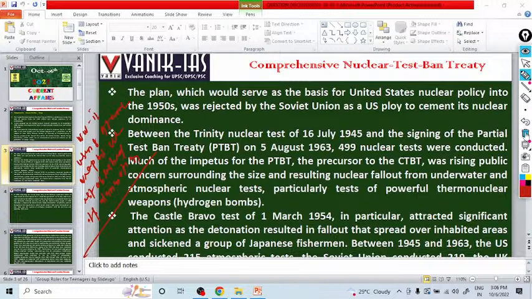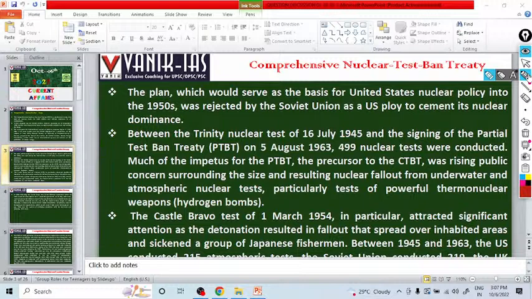So only to maintain its hegemony, its importance in the international scenario, the Baruch Plan was advanced by Bernard Baruch under President Truman. So it was a valid ground for suspicion of the Soviet Union. The Soviet Union became suspicious. That is why it was not accepted internationally.